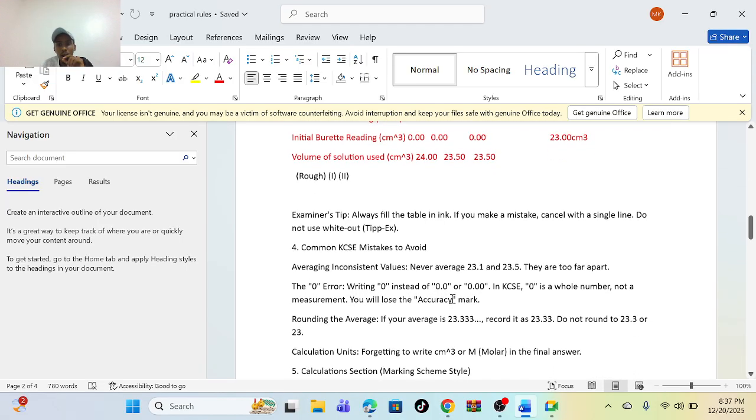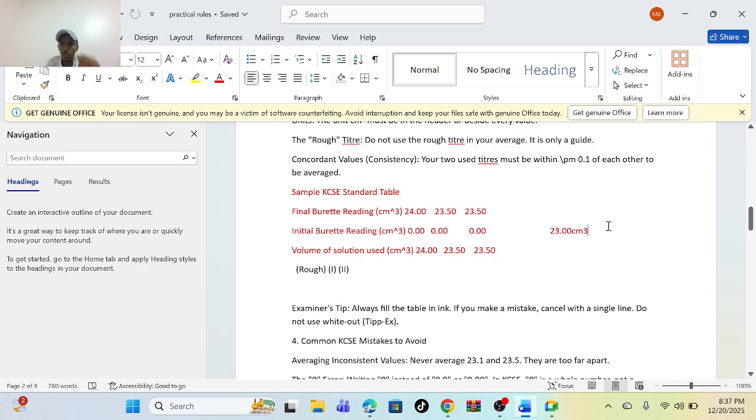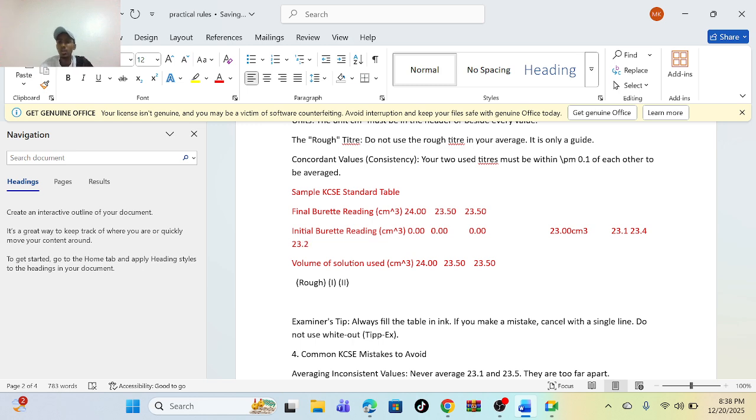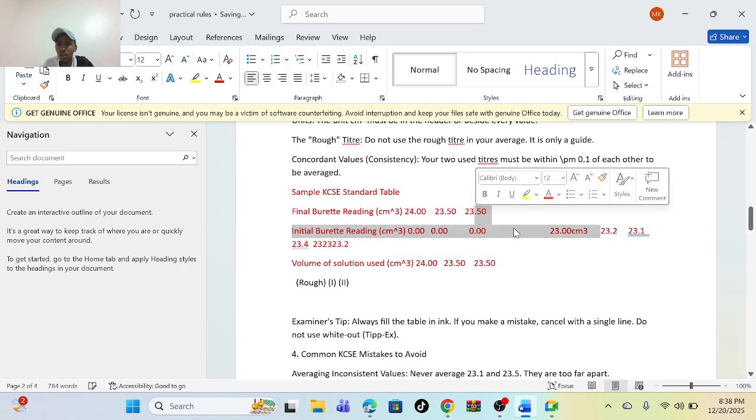For example, if you have 23.1 in one place, 23.4 in another, and 23.2 in another.